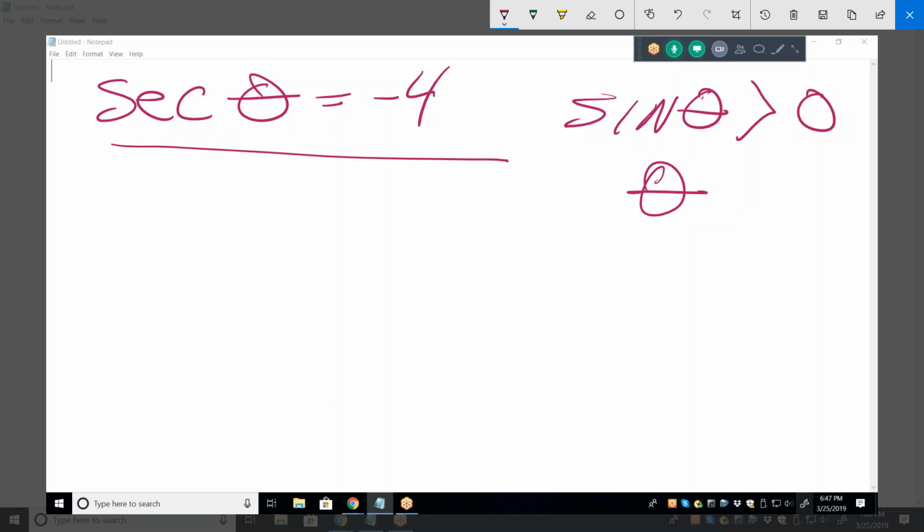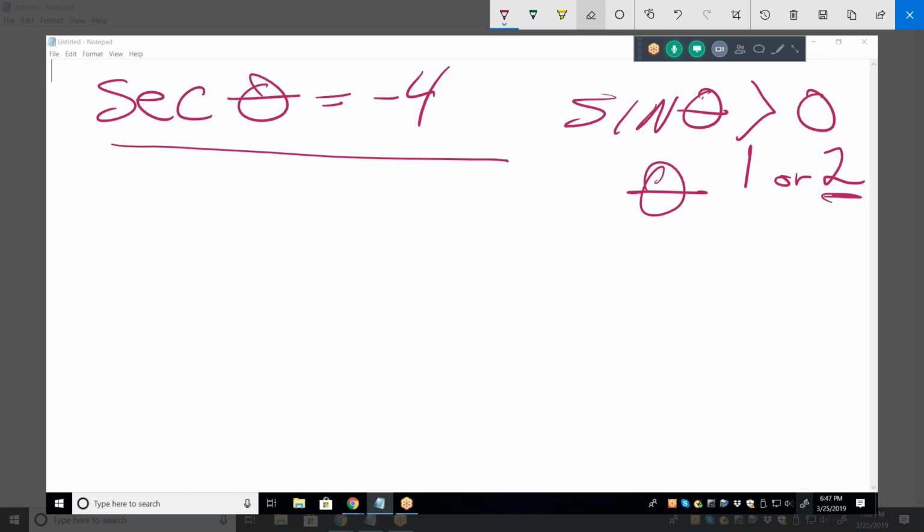So again, what 2 possible quadrants can we be in if sine of theta is greater than 0? 1 or 2. And this tells us we've got to be in 2, because secant is negative in 2 and sine is positive in 2.